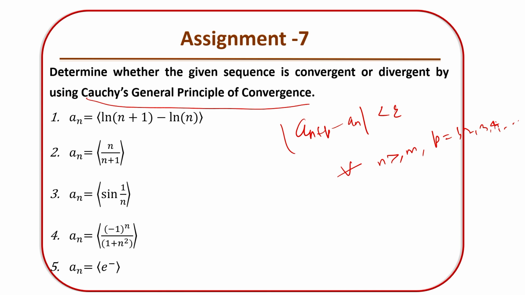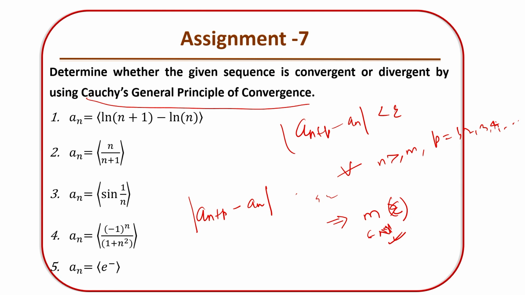So, what you have to do? You have to first find the difference between two terms. Firstly, determine what a n plus p minus a n will be, and its absolute value. Once you determine it, you will find it in terms of some epsilon, and then you will determine for what natural number m, a function of epsilon, it holds.